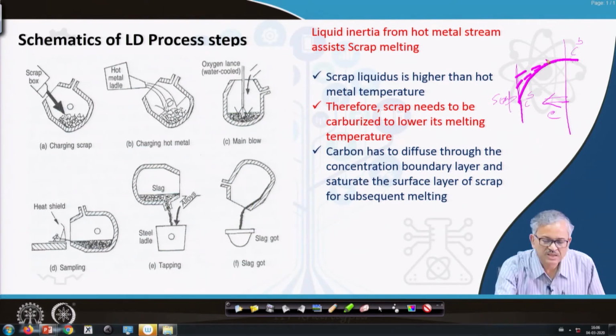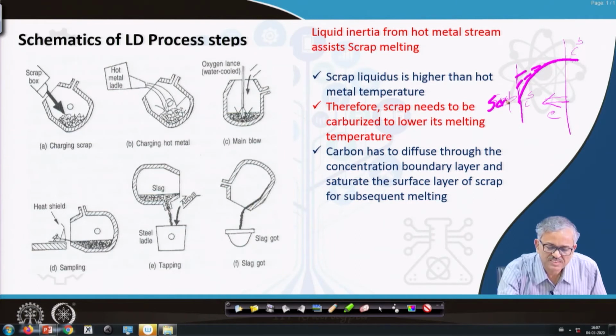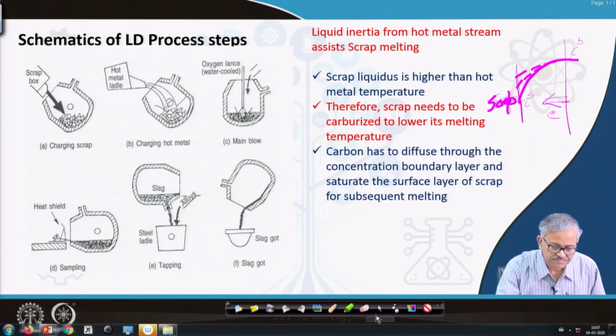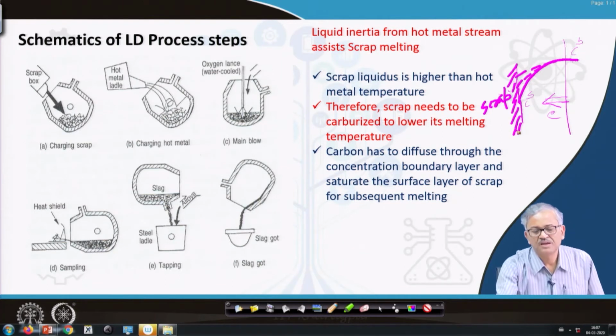So, this side basically is the scrap side, and the concentration from the hot metal is coming. This is the boundary, this is C_b, and this is C_s, the concentration at the surface, and carbon is diffusing this way.